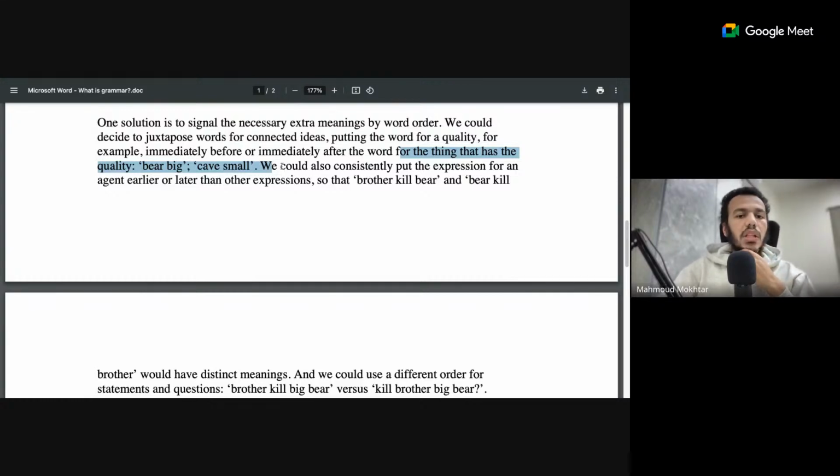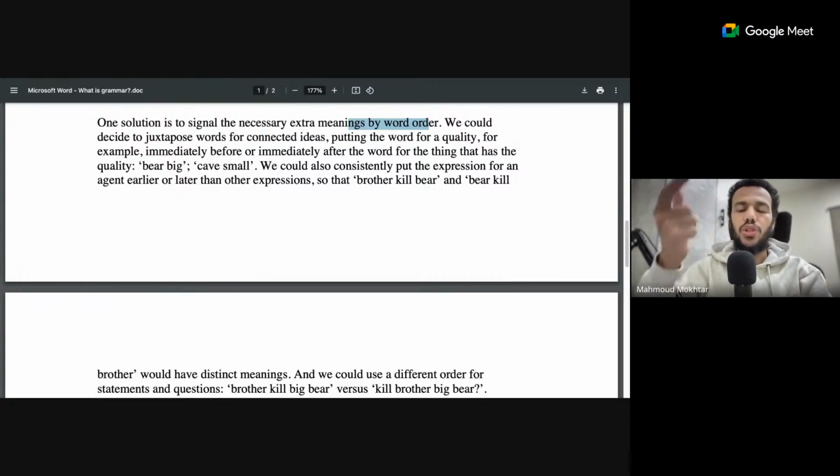So a solution is to signal the necessary extra meanings by word order. So the word order itself has a meaning. The word has a meaning, but then the word order has a meaning.